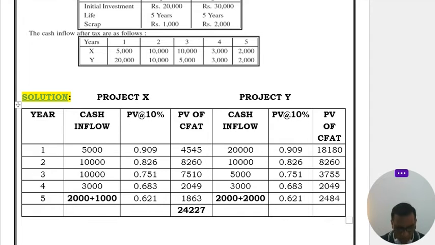What is the total value? 18,180 plus 8,260 plus 3,755 plus 2,049 plus 2,484, that is 34,728.